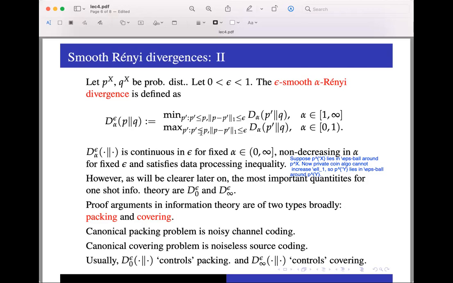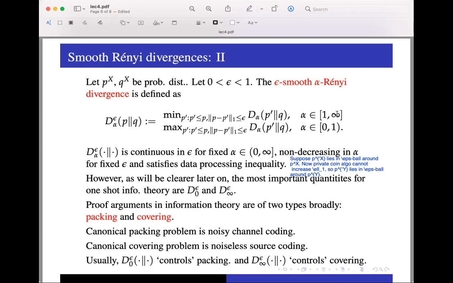Then there is this deep result, which we'll see more formally later on, that the Renyi entropies d alpha for alpha in this range look more like d0, and the Renyi entropies d alpha for alpha in this range look more like d infinity.